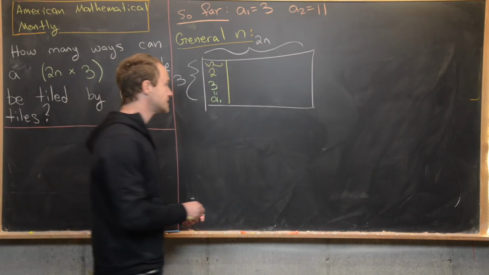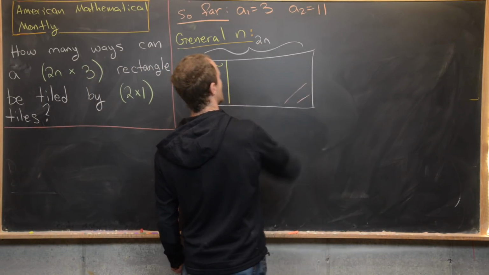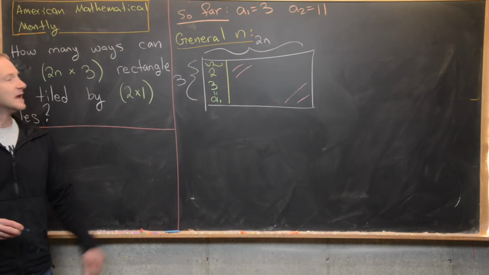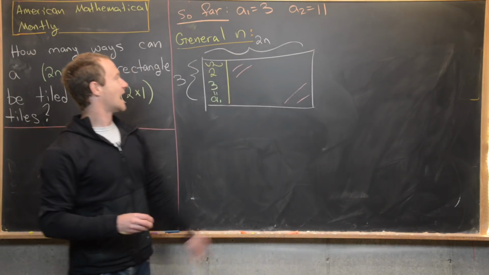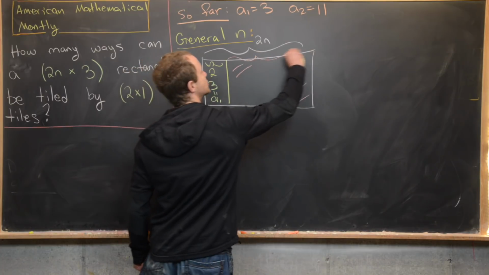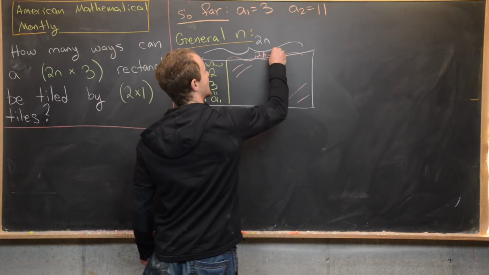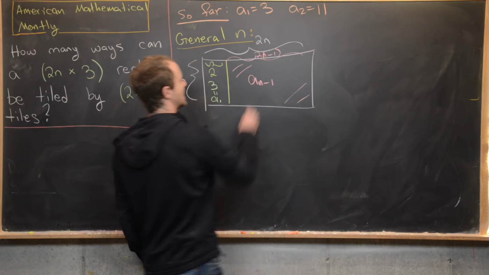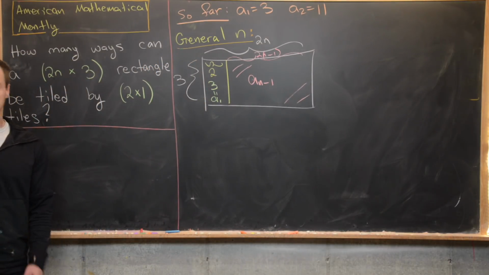And then we also know exactly how many ways we can tile this thing, which I'm kind of shading in pink. And that's because this has width 2n minus 2, or 2 times n minus 1. So we know that we can tile this a sub n minus 1 different ways.